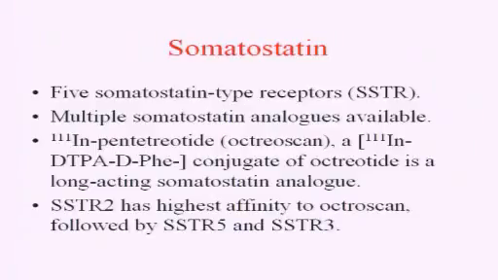In Canada, we use indium pentetreotide, known as Octreoscan, which is an analog of octreotide. Octreotide is much longer acting than somatostatin. Among all 5 receptors, octreotide has the highest affinity for type 2 receptors, followed by type 3 and type 5.